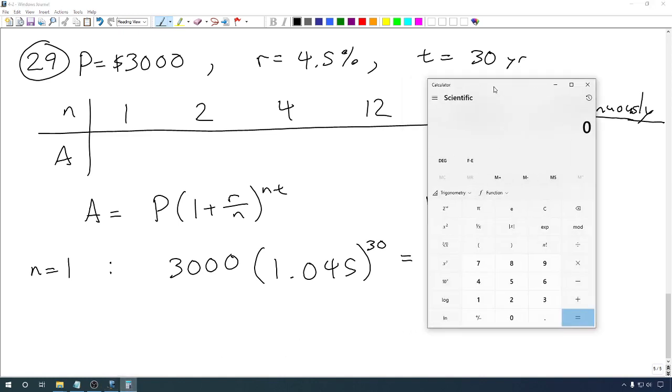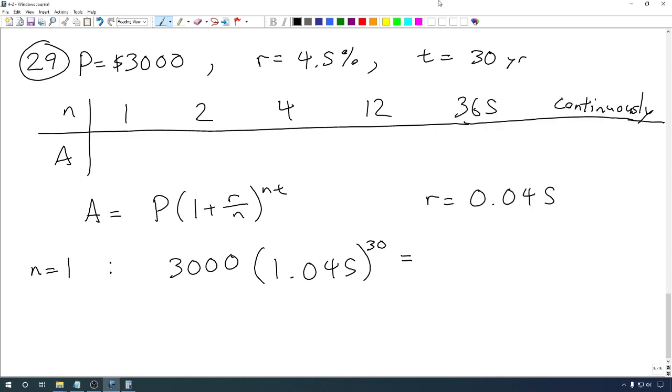I'm not going to do this by hand by any means. 1.045 to the power of 30 times 3,000. We get this particular value here, 11,235.95. Of course, that is in dollars. And so that's what we should get if we only compute interest once per year on this $3,000. But we're doing it 30 times because we're doing it once per each of the 30 years.